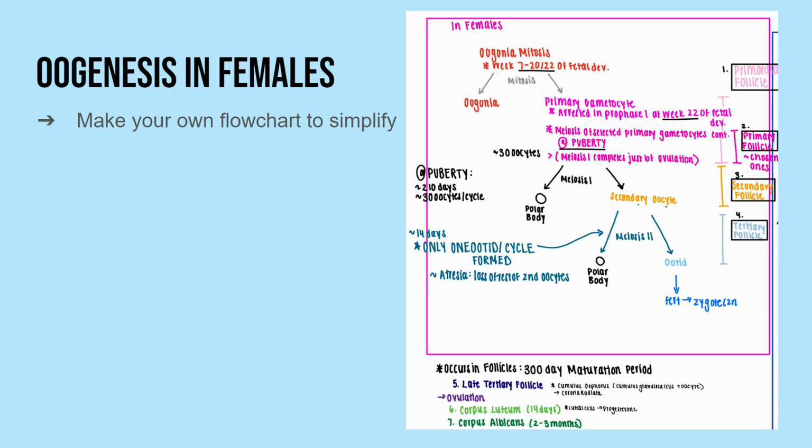And that goes through mitosis into a primary gametocyte right away.